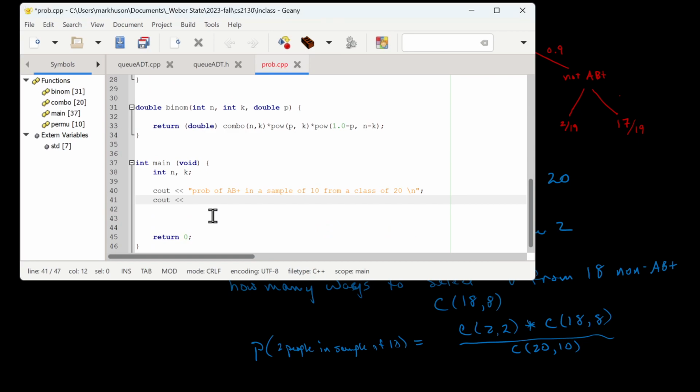Cout will be combinations, combo of 2, 2 times combinations of 18, 8 divided by combinations of 20, 10.